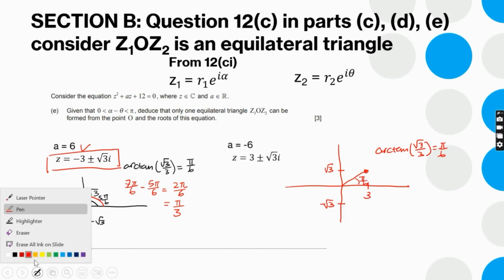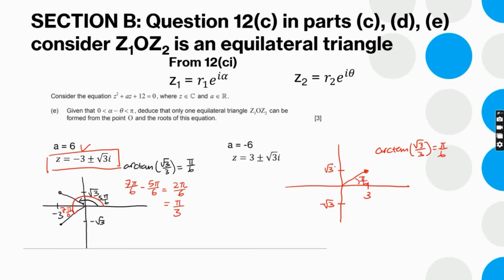Let's mark out the other angle. 3 minus root 3 i will be here, so the angle is all the way here, which gives you 11 pi over 6.